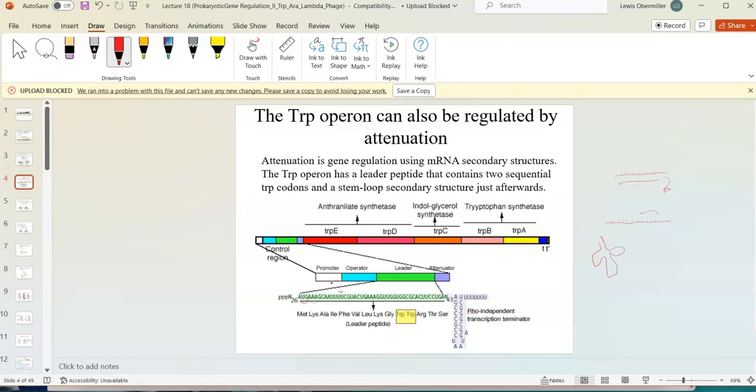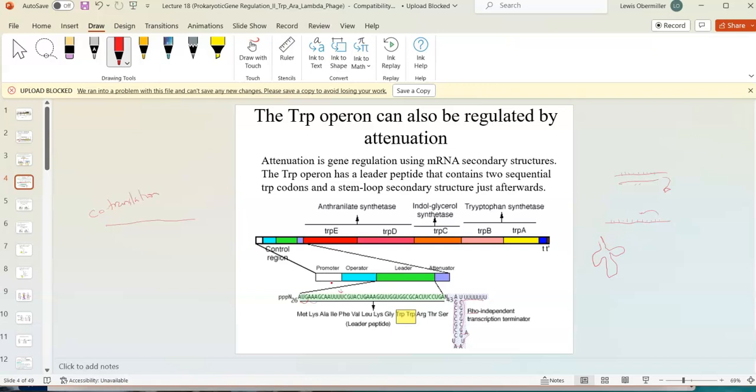There's rho independent, which means it doesn't need rho, and there's rho dependent. In this case, this is a rho independent structure. This is the stem loop. You can see G pairs with C, C pairs with G, and so on. And it's going to make this shape. All right. So in bacteria, we talked about this before. So this is co-translational.